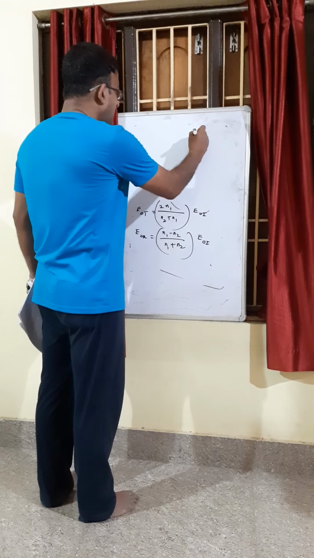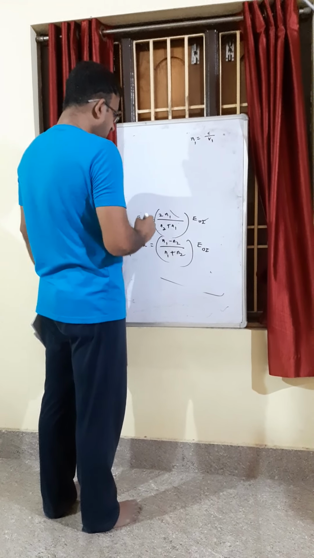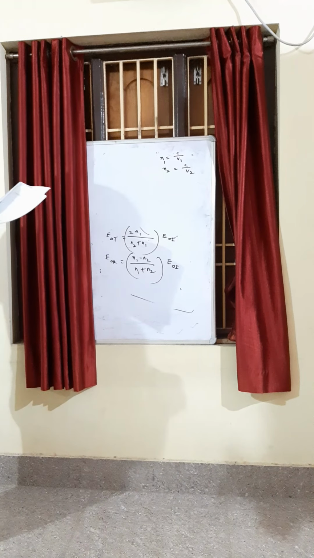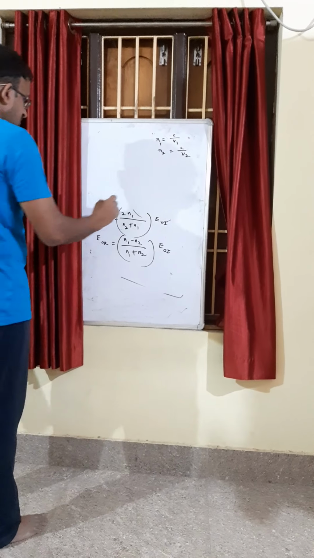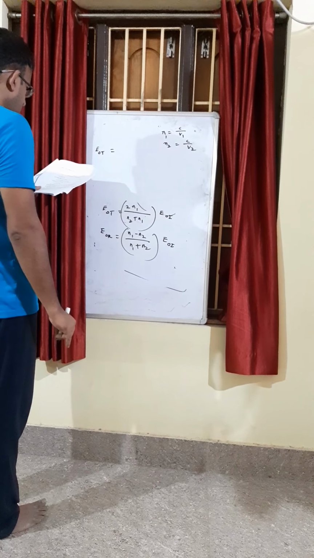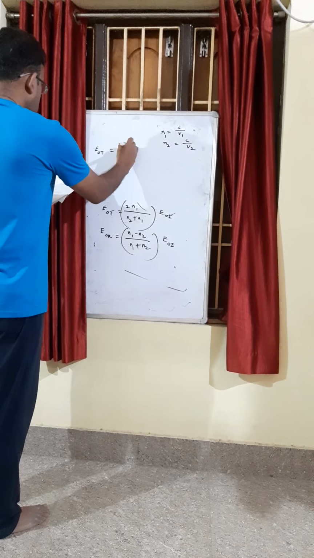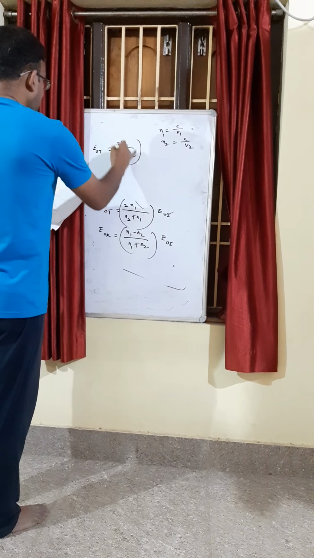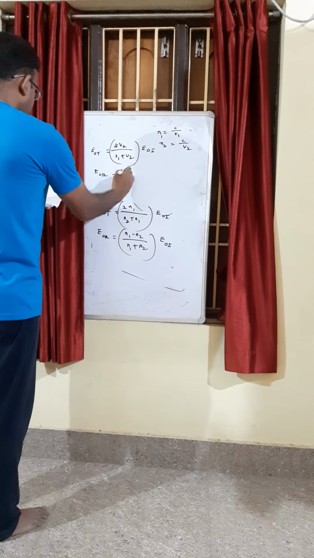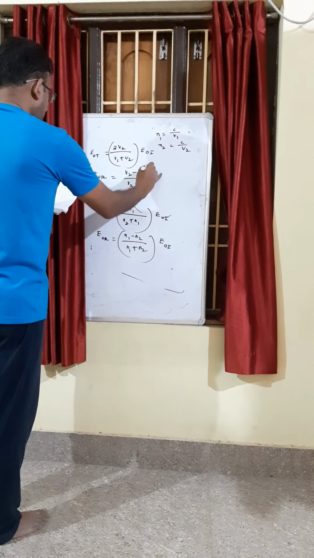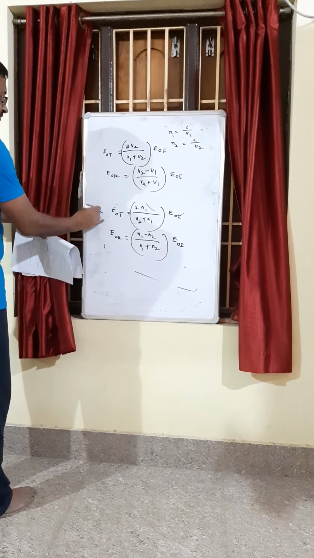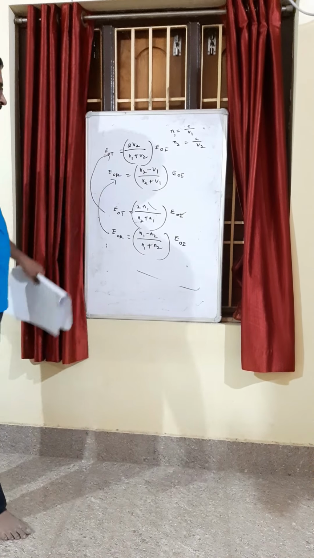So you can replace n1 and n2 like this, and in terms of velocity you get E0T equal to this, and from here you can express the reflected one.